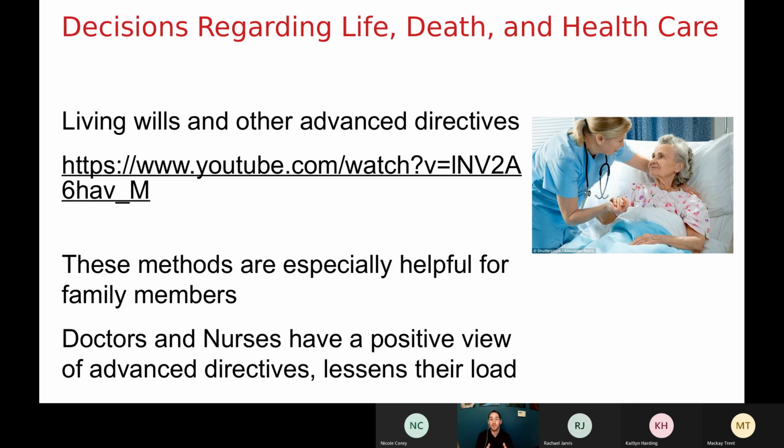So some doctors might really want to use every single kind of method available in the system we have. That probably means it's going to be really expensive, and that burden is going to fall on the family members. It might be really traumatic for the patient, even if they do survive it. So the treatments that they get might lead to a quality of life that is not what they would have wanted for themselves.